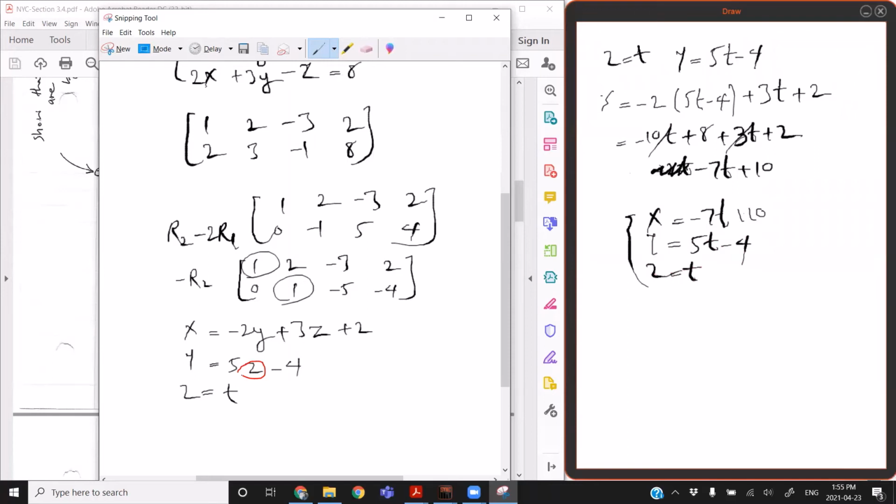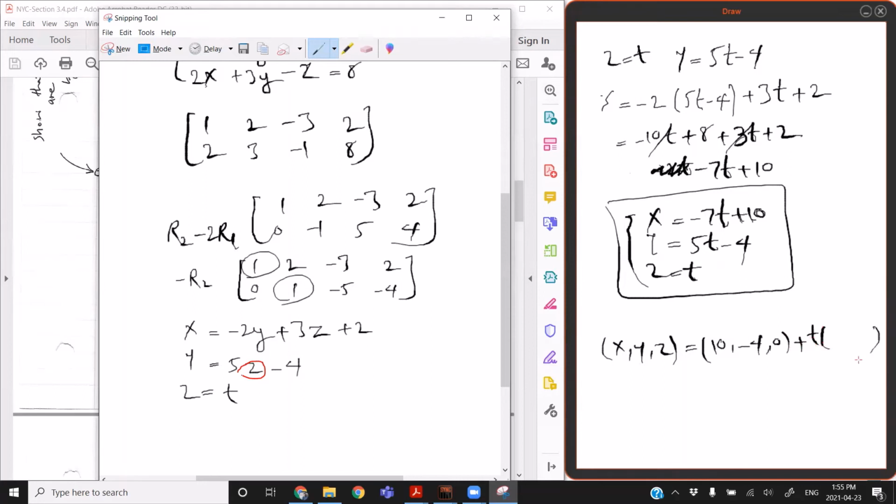So this would be the set of parametric solutions for the line of intersection between the two planes. And from this, I can easily write the vector equation. x, y, z is 10, minus 4, 0, plus t times the coefficients of t: negative 7, 5, 1.